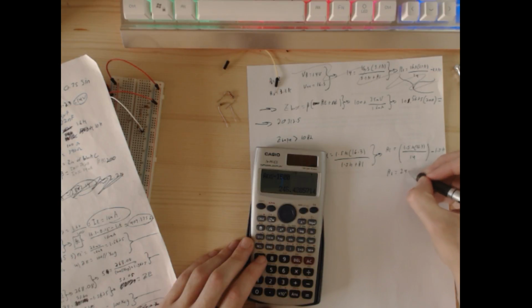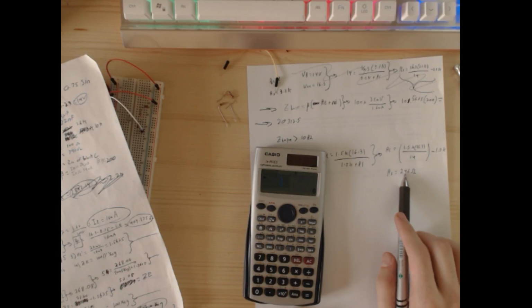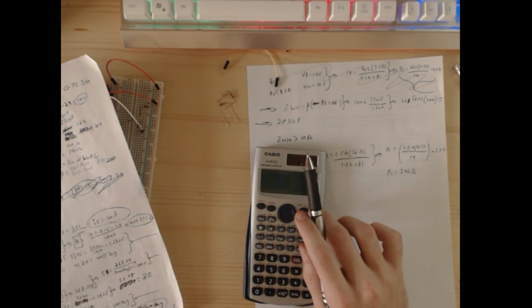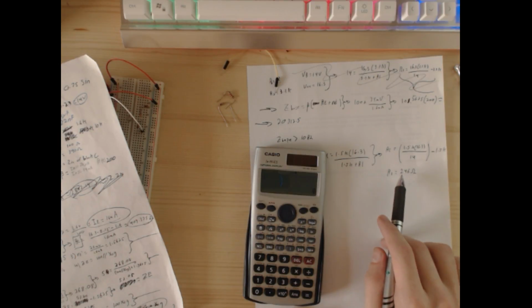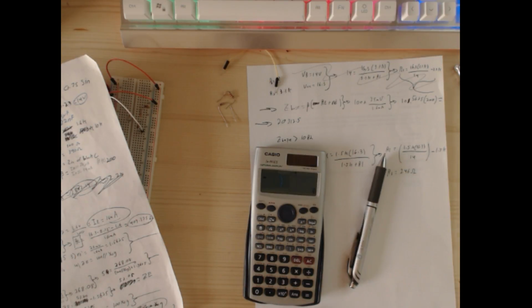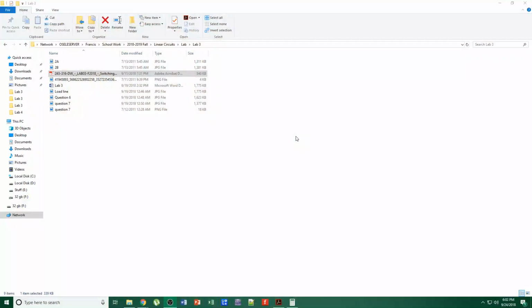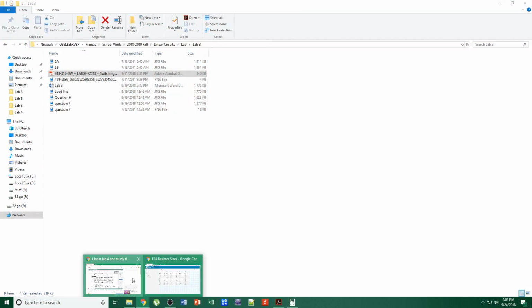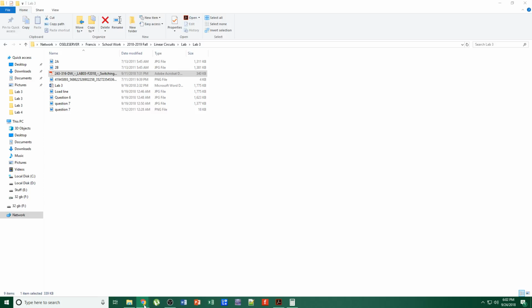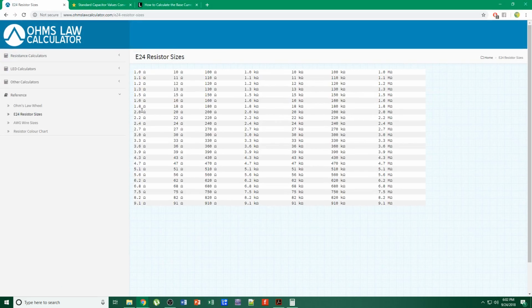We're looking at 246 ohms in its place. We can try to increase this a little more. I mean, the closest, we have a 240 here that exists, as well as 270.